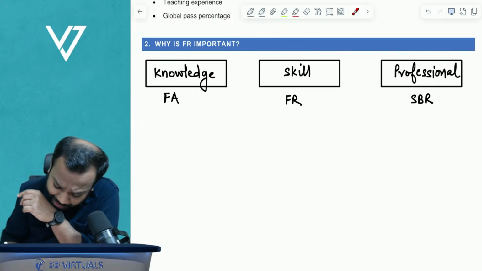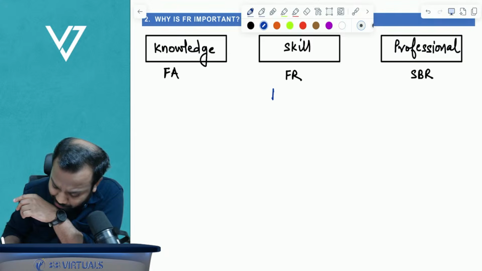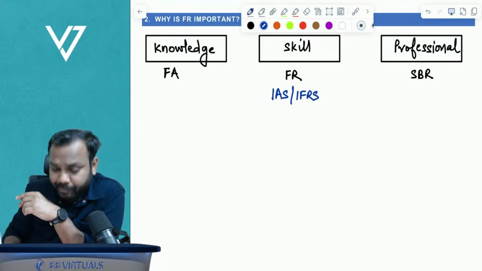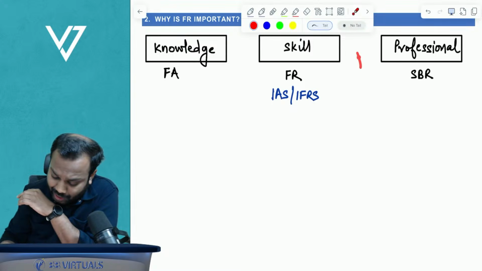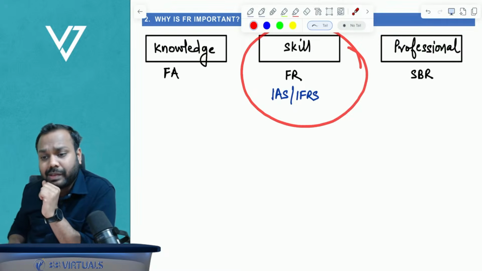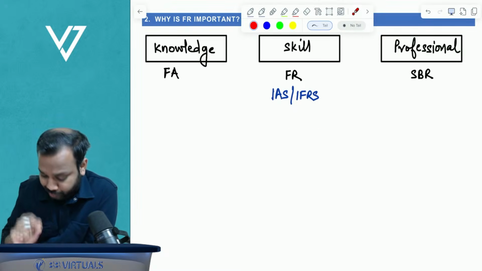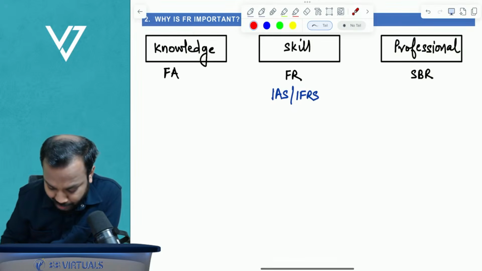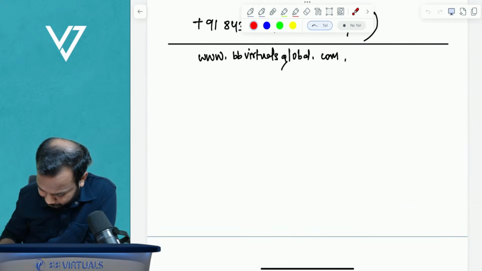It is at the FR level that you come and study IAS or IFRS. Now understand, I'll show you something now. I am taking you to the syllabus of ACCA SBR. Just see it yourself.